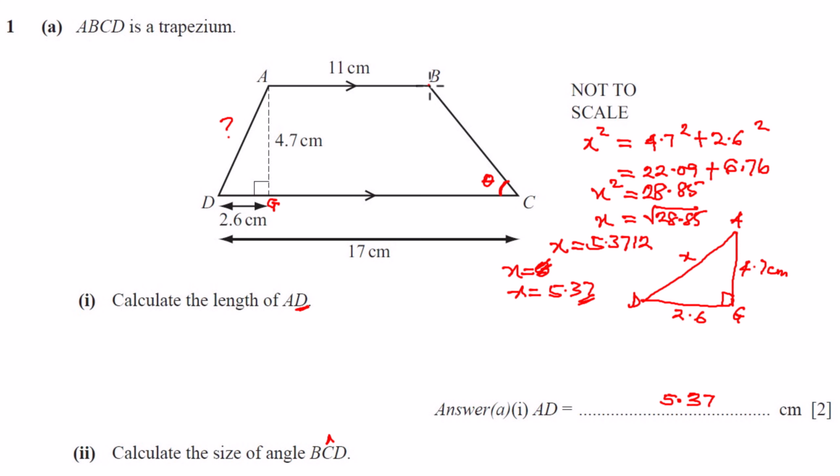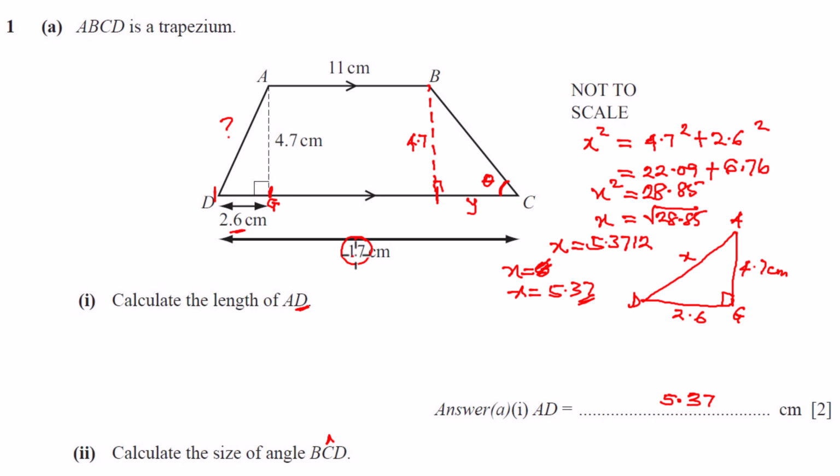I need to complete this like this, because this is the height of the triangle, so this place must also be 4.7. One important thing to notice is that from here to here is given as 2.6, but we don't know the value of this place. Let's call it y, for instance, but the entire length is 17.